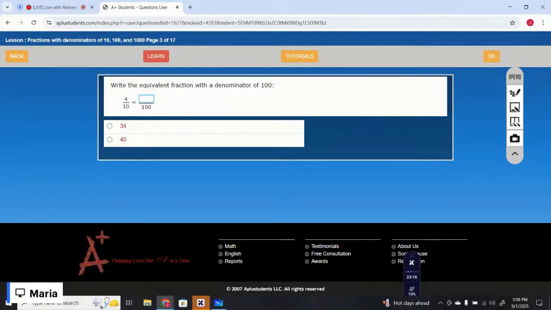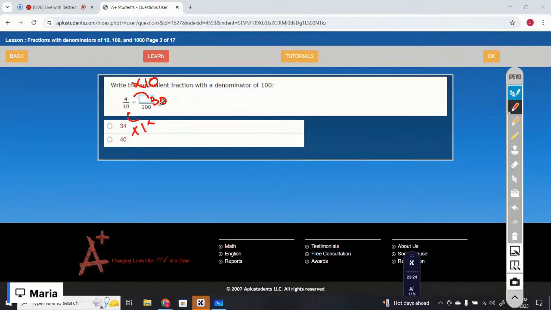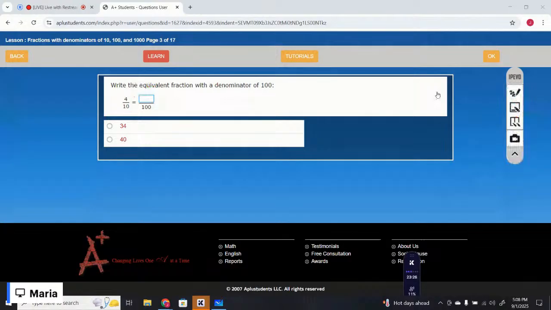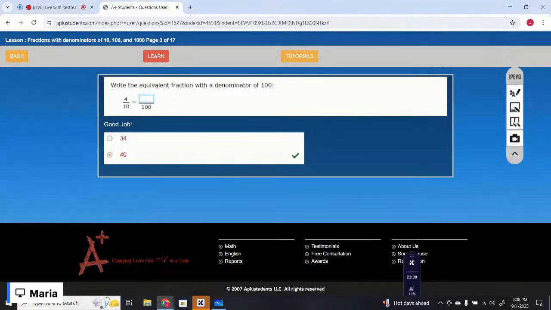Write the equivalent fraction with a denominator of 100. 10 times 10 is 100 and 4 times 10 is 40. Option number 2 is the correct option.